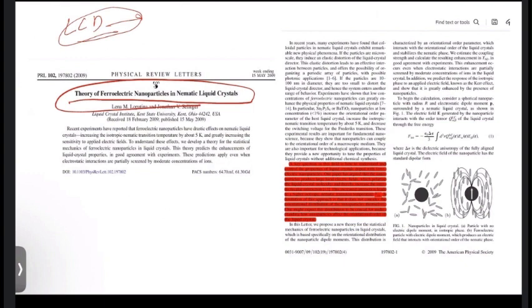This was a paper from Physical Review Letters (PRL) dated 2019. The recent experiments have reported that ferroelectric nanoparticles have drastic effects on nematic liquid crystal, increasing the isotropic-nematic transition temperature by about 5 Kelvin and greatly increasing the sensitivity to applied electric field.